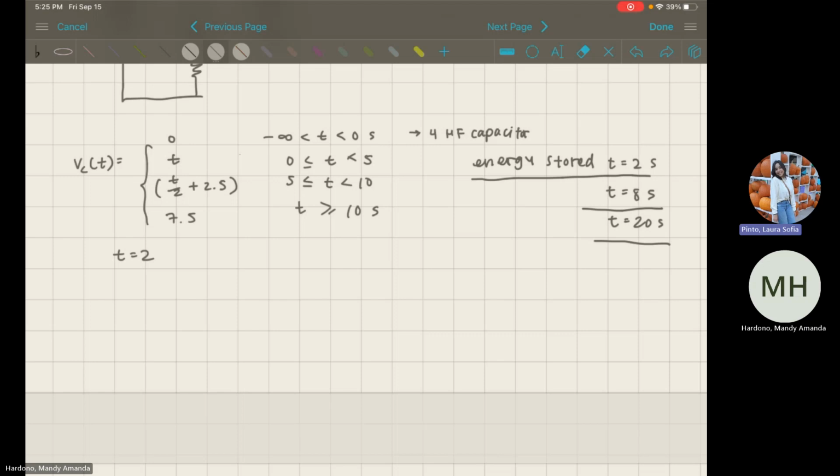2 seconds is in the range of time less than or equal to 5. We have an energy stored in a capacitor equation.